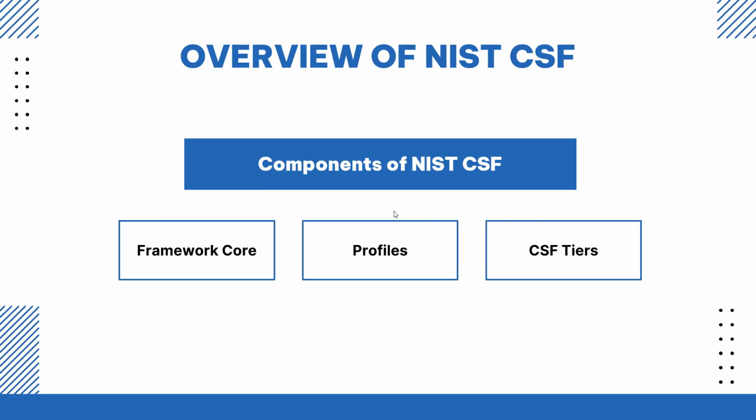And coming to the cybersecurity profiles, these are mechanisms for describing the organization's current cybersecurity posture or a future cybersecurity posture with regards to the outcomes of the CSF framework, to be precise, the framework core. And lastly, the CSF tiers can be applied to the organizational profiles to characterize, define, and understand the current level of an organization's cybersecurity risk governance and management processes or practices.